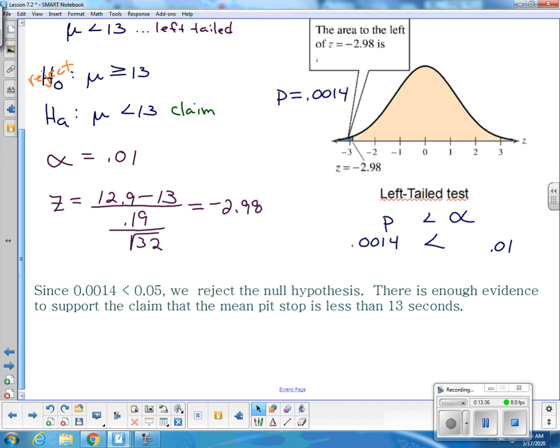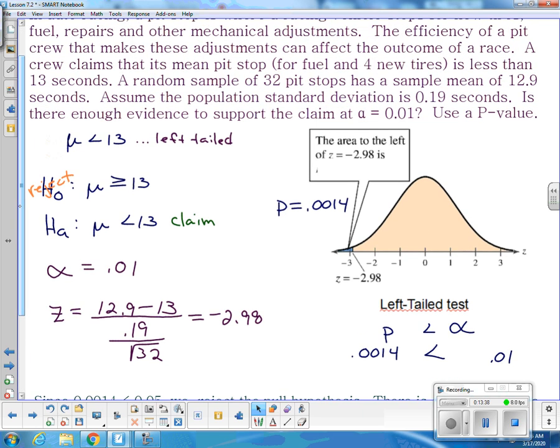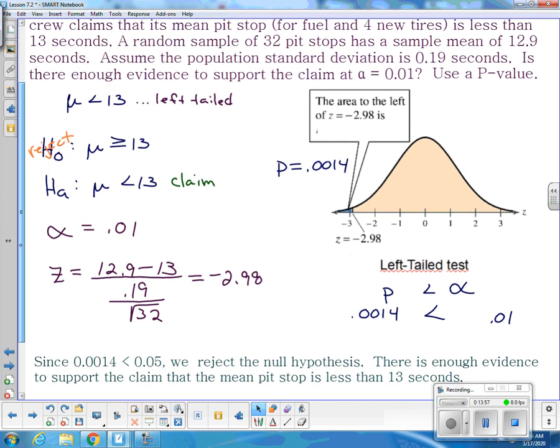All right, so we have to go through all these steps. We have to state our claim mathematically. We have to figure out whether it's a right-tailed test, a left-tailed test, or a two-tailed test. We need to write our alternate and null hypothesis, remembering the null always has the or equal to part, the equality part to it. You should always mark which one is your claim, because that helps us with that last part.